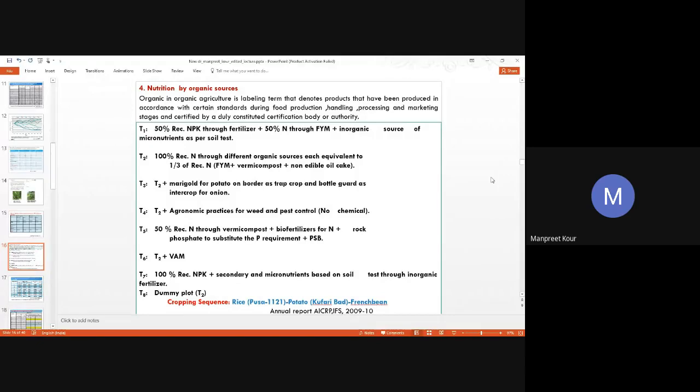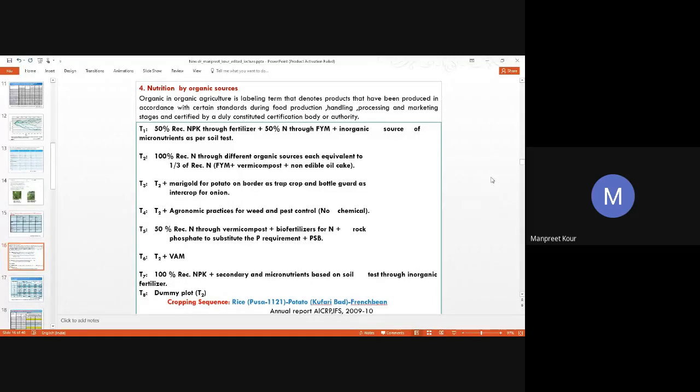T3 and T4 are additions on T2, where we manage pest control and weed control, and trap crops are used. T8 is a dummy plot where we replicate the best treatment, so T2 is followed in the T8 plot.